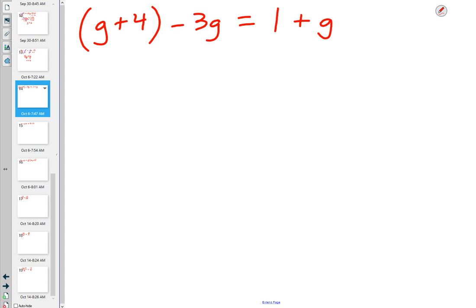You guys want to give this one a shot? See if you can solve it.